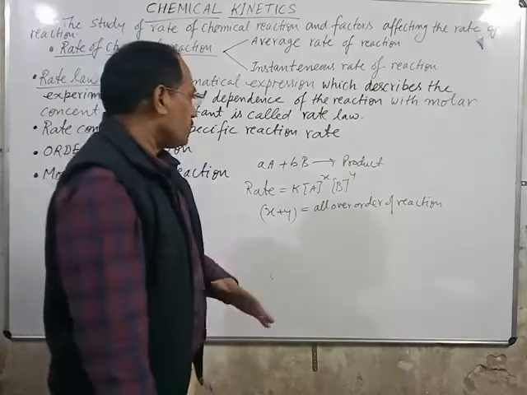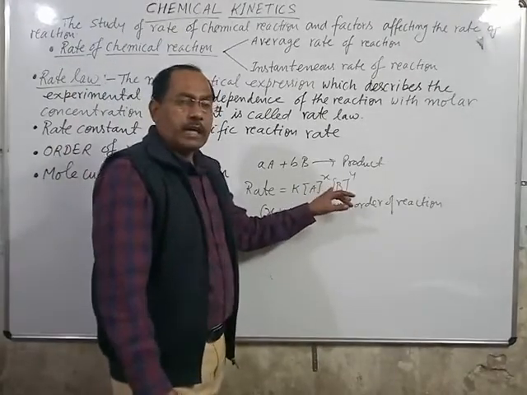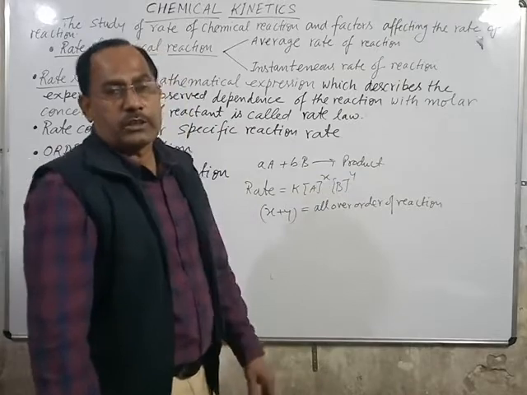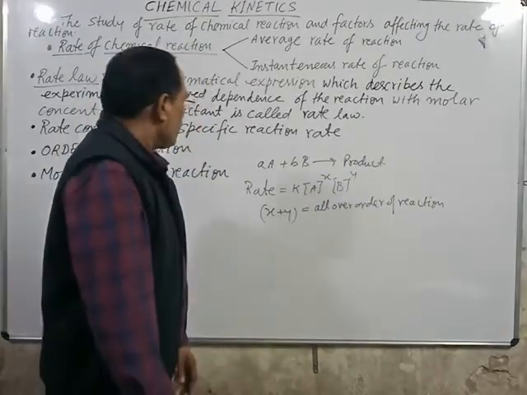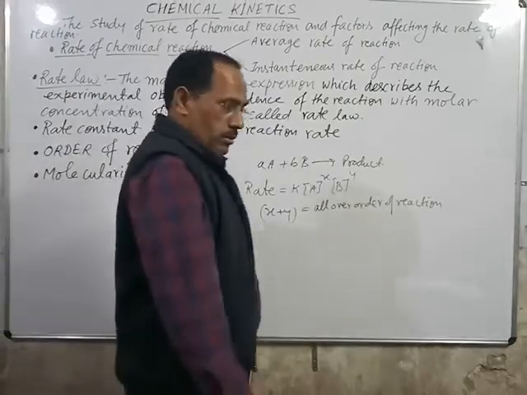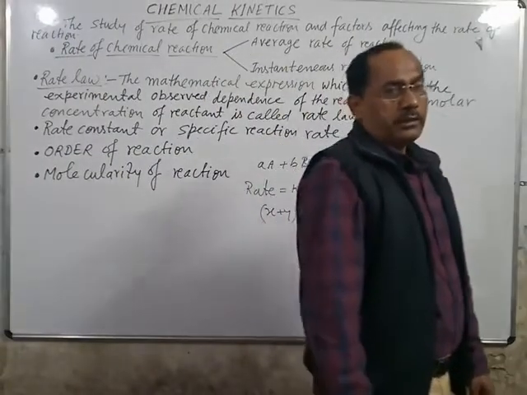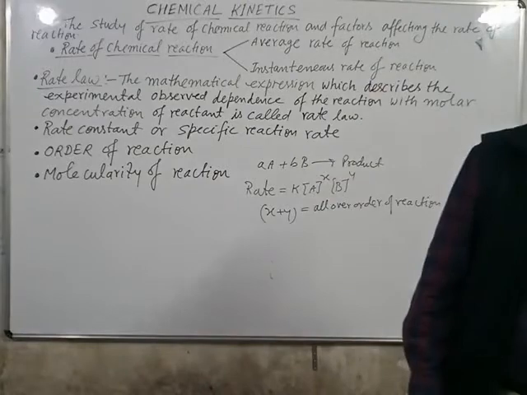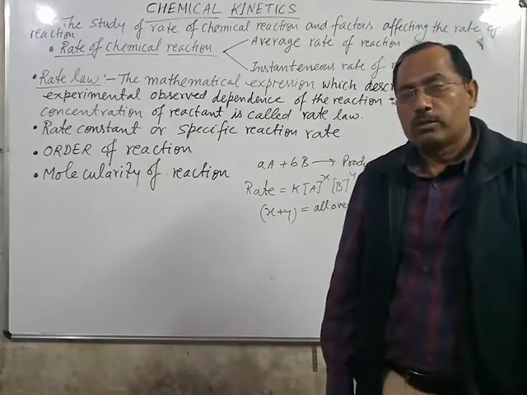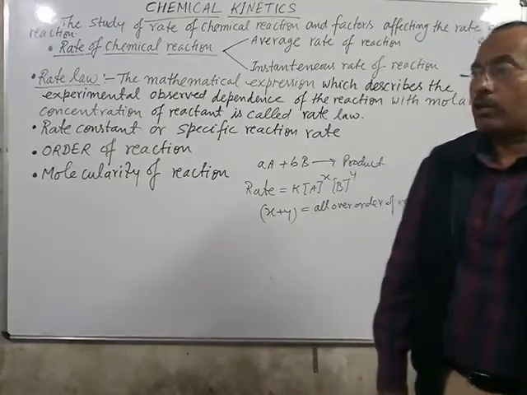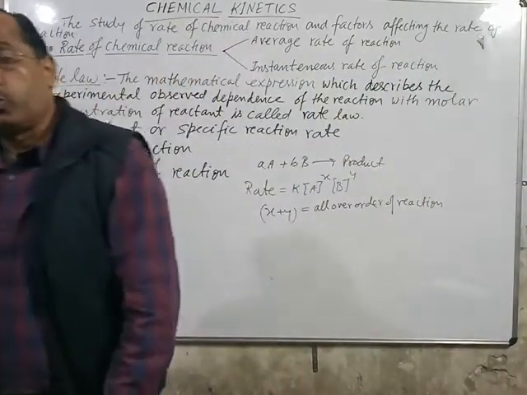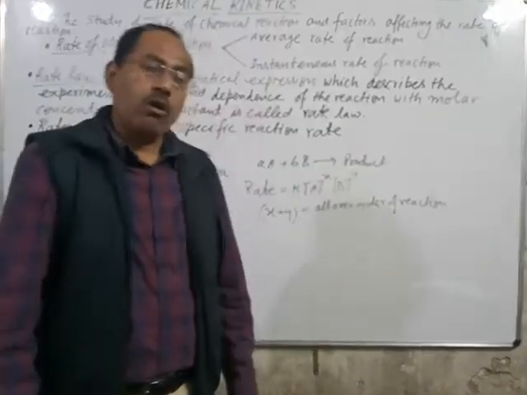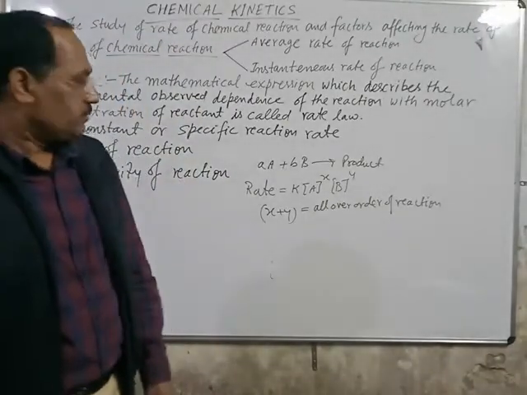That is why order of reaction is defined as the sum of the power of concentration terms in rate law. Order of reaction may be 0, positive, negative, or even in fractions.